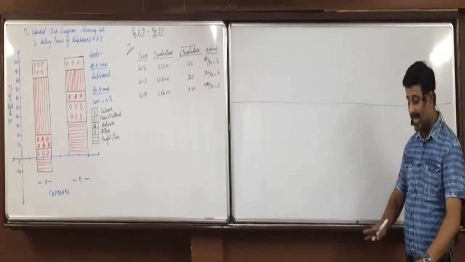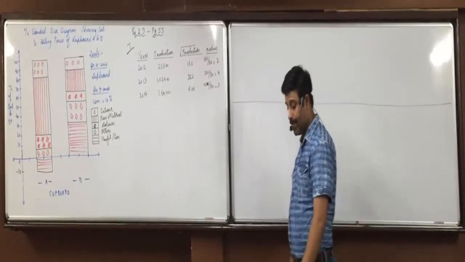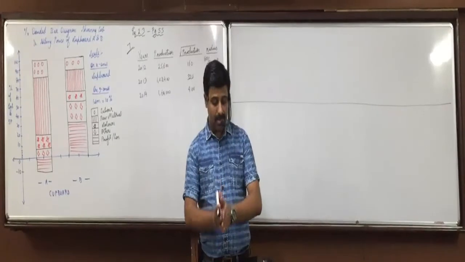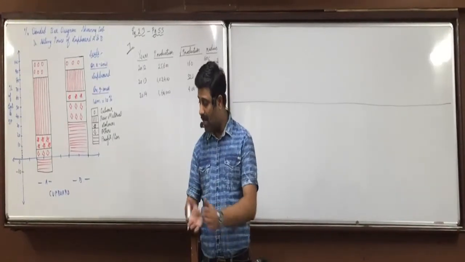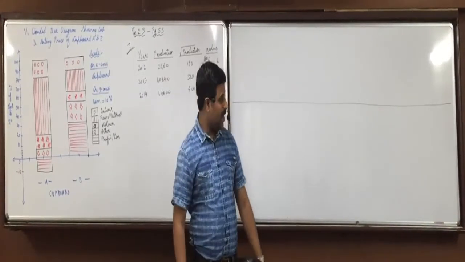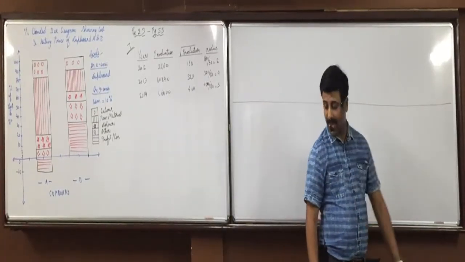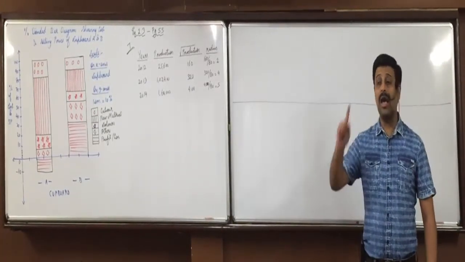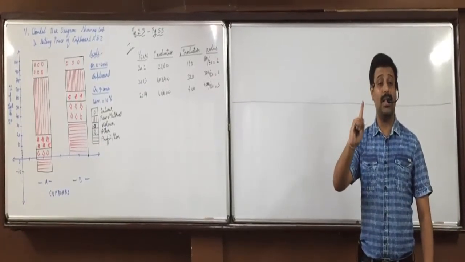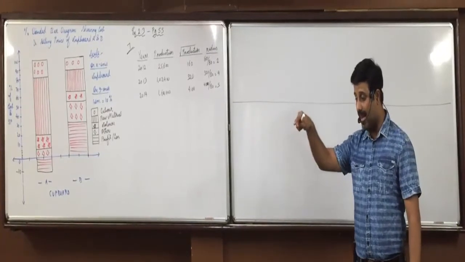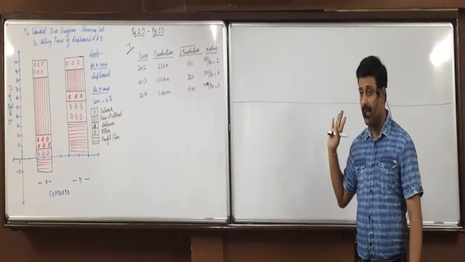Or else, one more thing can be done if you don't want to make a line: fold the page. That is better. No need to make a line. I cannot fold the board, but you can fold the page. All the circle centers will come on this folded line. Keep it in mind.